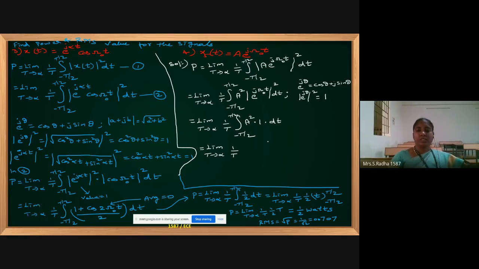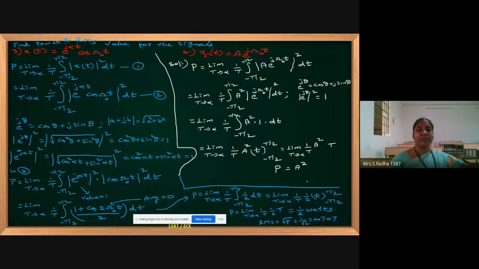A square is constant, and the integration of 1 is small t, and we substitute the limits minus T by 2 to plus T by 2. In the next step we will have limit T tends to infinity, 1 by T is there, A square is there. When you substitute the limit, T by 2 minus of minus T by 2, it will become T. This T and T will get cancelled. Because capital T is not there, you need not substitute the limit. So A square is the value.